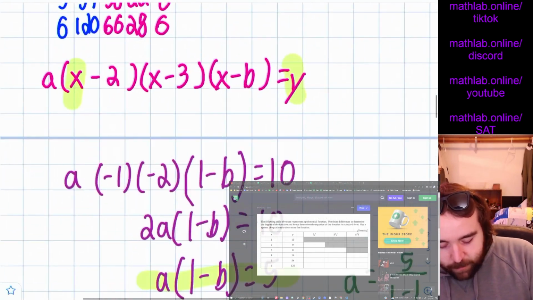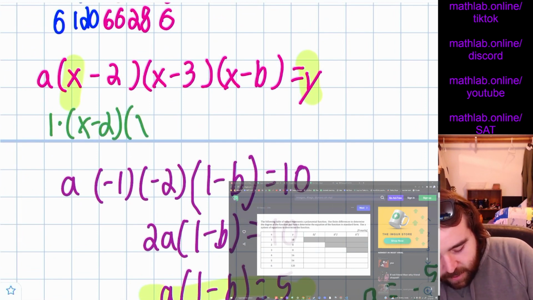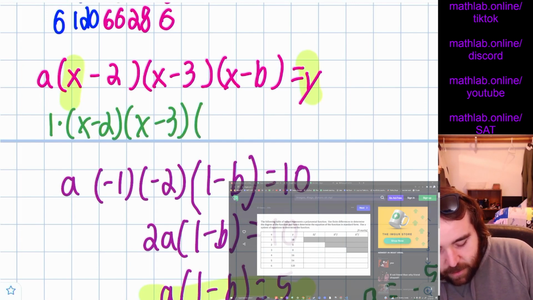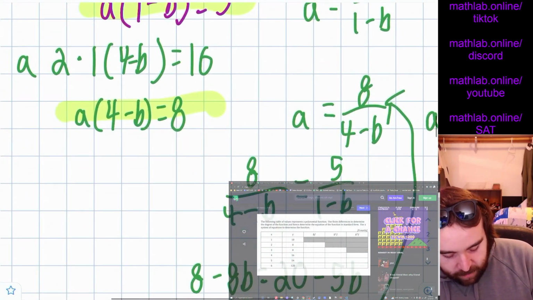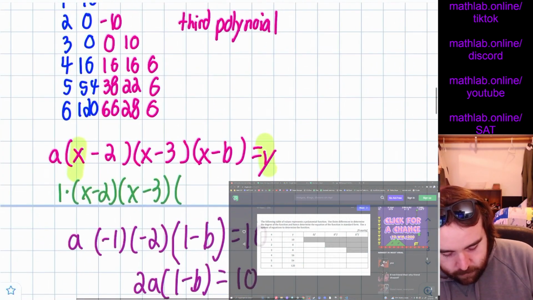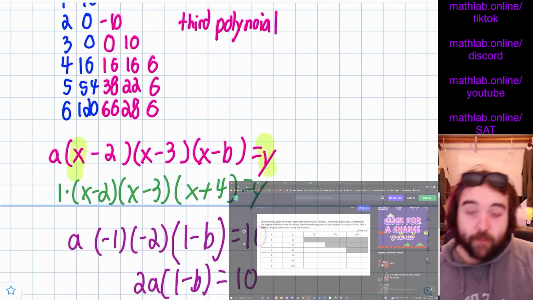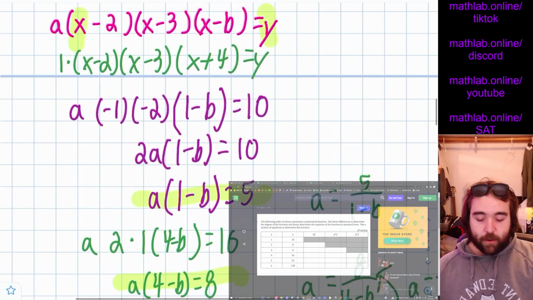But now we can find our polynomial by plugging everything in. We have 1 times x minus 2 times x minus 3 times x minus negative 4, or x plus 4. And that is our polynomial.